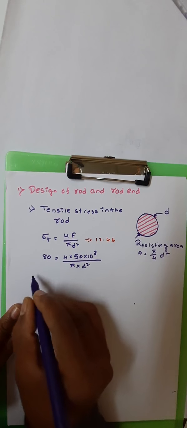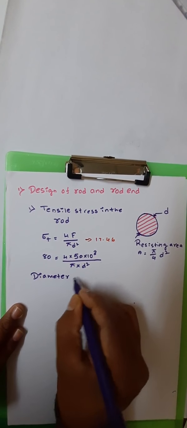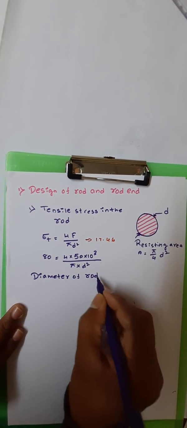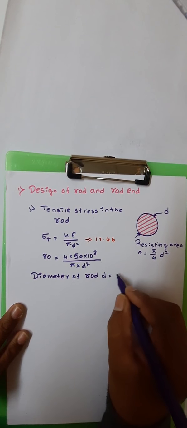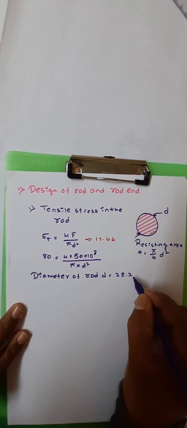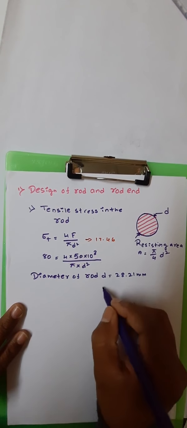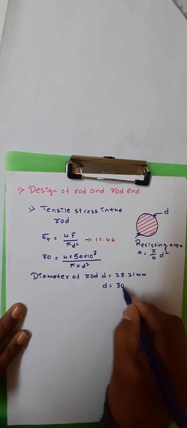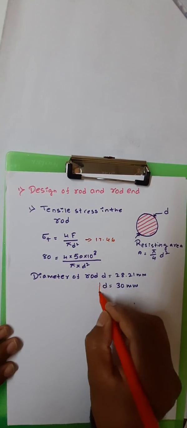If we simplify this equation, the diameter of rod d is equal to 28.21 mm. So we'll make it a standard diameter, that is 30 mm. This is the diameter of the rod.